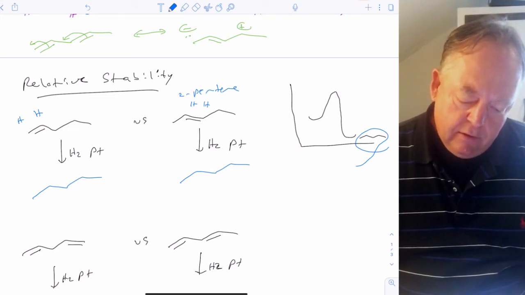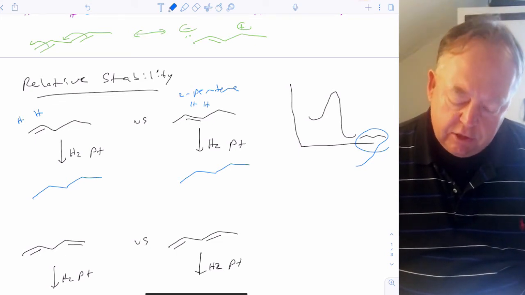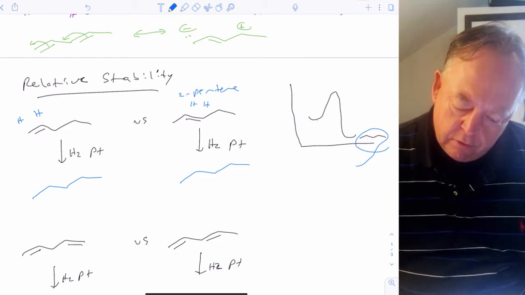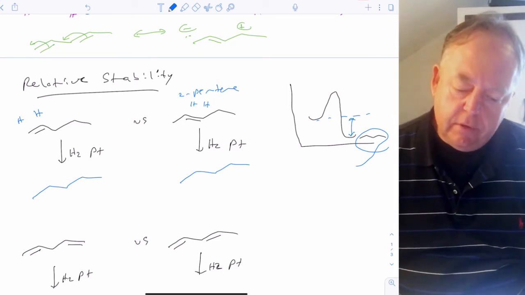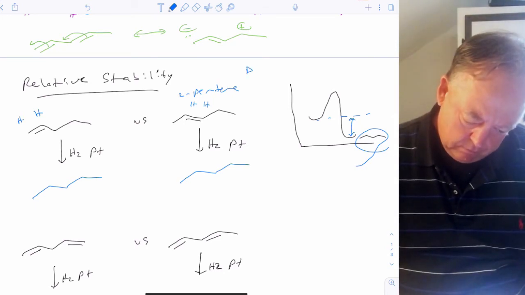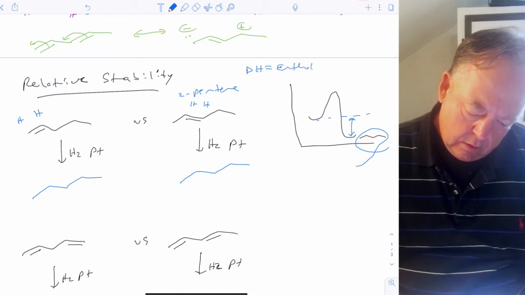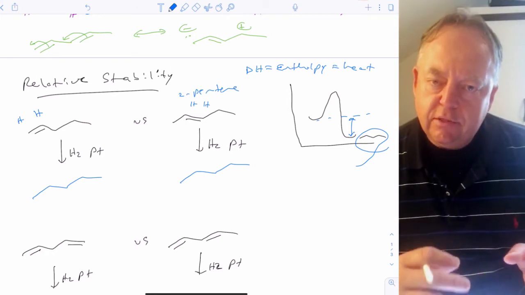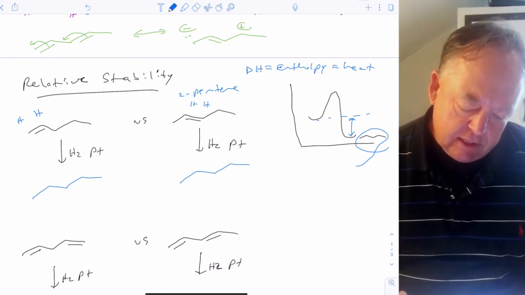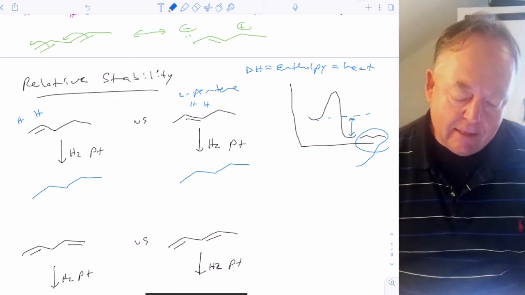So then if we look at how much energy comes out of this reaction, then that will tell you the heat of the reaction, the enthalpy of the reaction. So if we measure how much heat is evolved in this reaction, so if we took the same amount of each one, since they have the same molecular formula, they have the same molar mass.